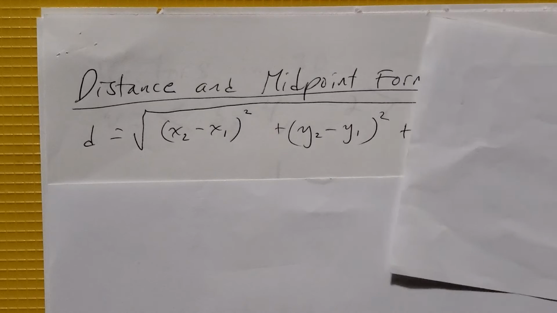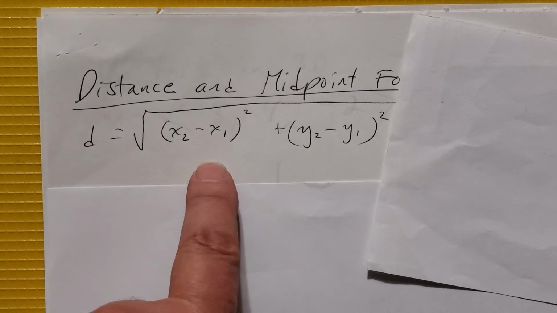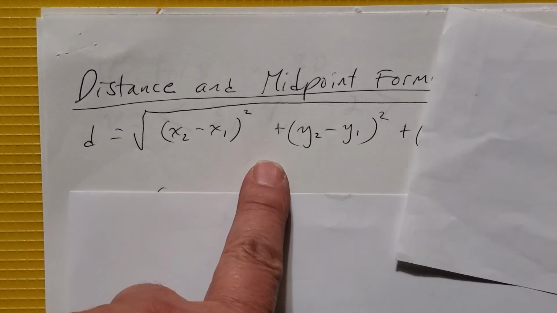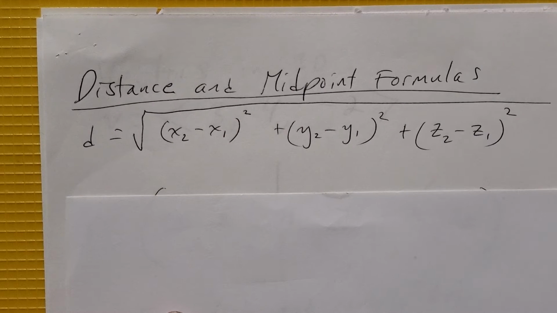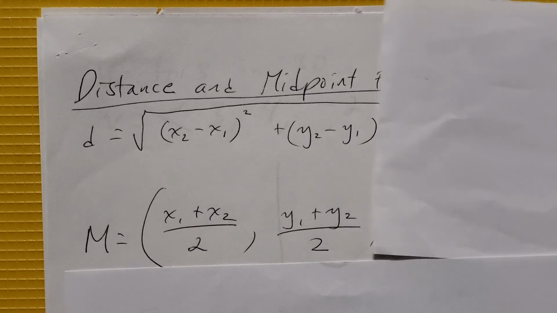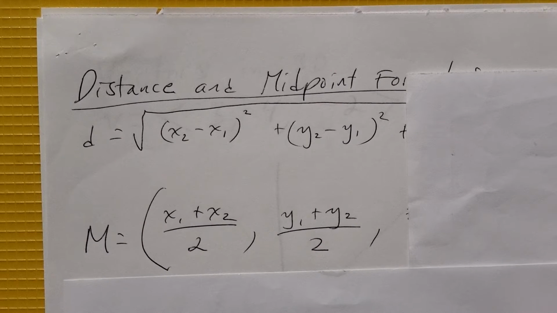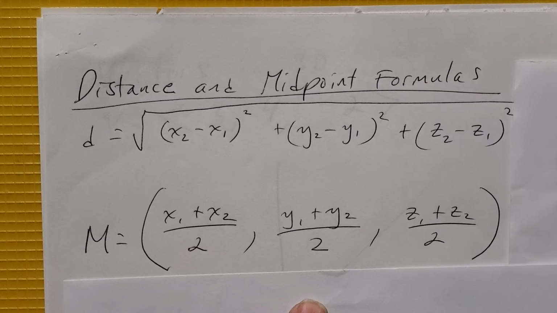Subtract the x's squared, subtract the y's squared, add them, square root. It's the same exact thing, except you add the z's. For midpoint, do you remember what you did? Add the x's, divide by 2, comma, add the y's, divide by 2. Well, you do the same thing, but you keep going and do it for the z's also.